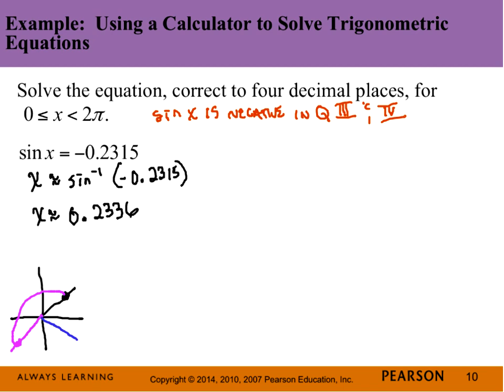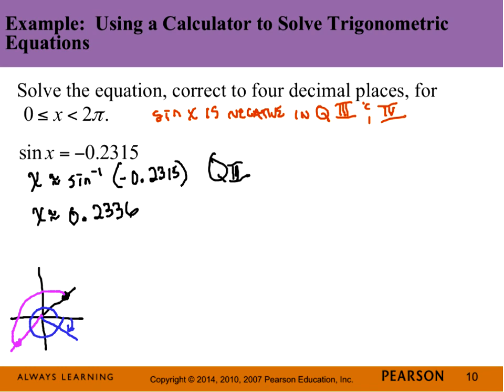If I go all the way around, that's 2 pi. So from here to here is 2 pi. So what I do to figure out that angle is I subtract the 0.2336 from 2 pi.